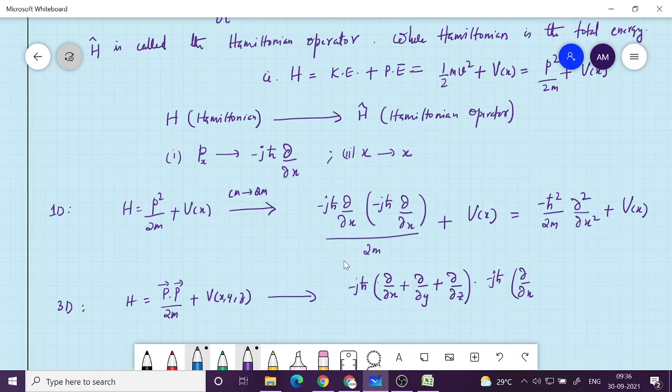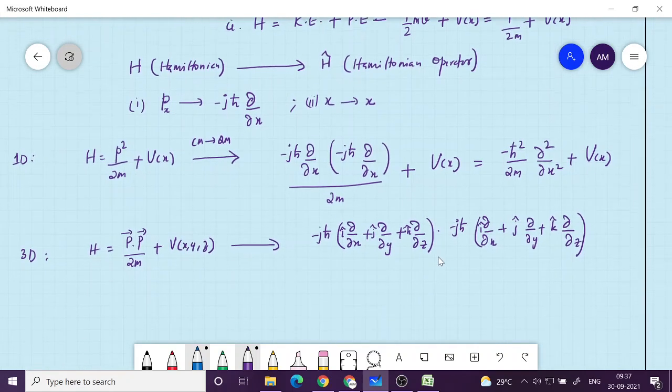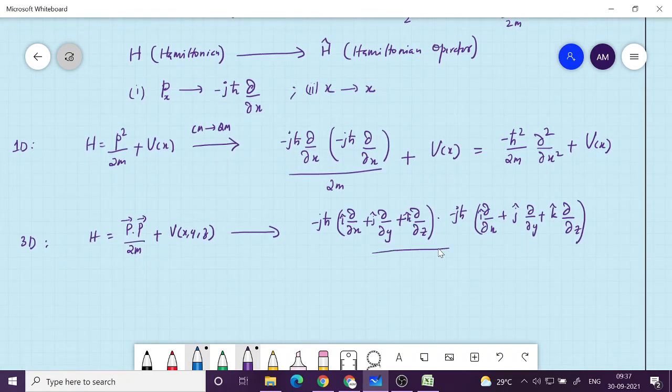So let me write it as i, j, k, okay, here also i, j, k, plus j ∂/∂y plus k ∂/∂z. These are unit vectors in x, y, z direction. Okay, so that will be p dot p, and then that will be divided by 2m plus V of x, y, z.